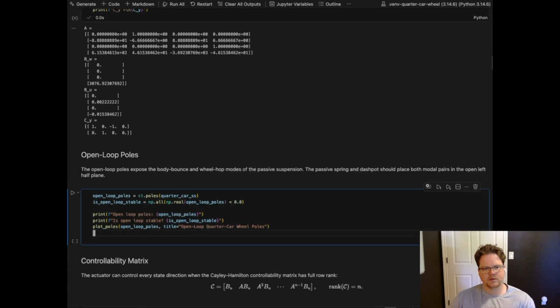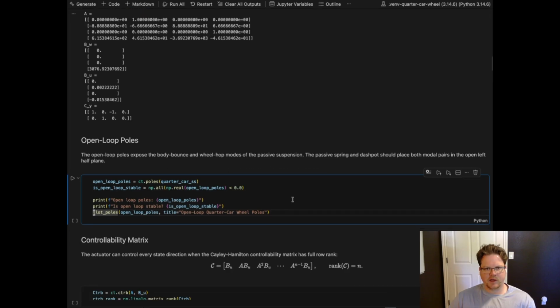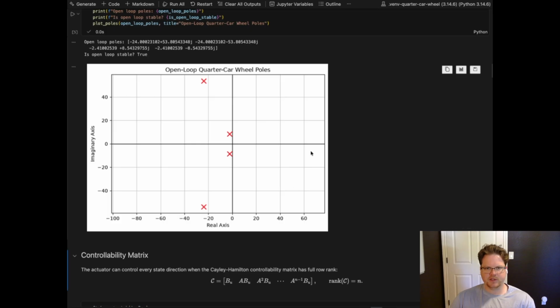Okay, so here we have the open loop poles. So the body bounce, the wheel hop modes of the passive suspension. So there's no active control at the moment. So we're just analyzing basically if you were to cut that out of the free body diagram, this would be just the spring mass damper system between the body and the wheel.